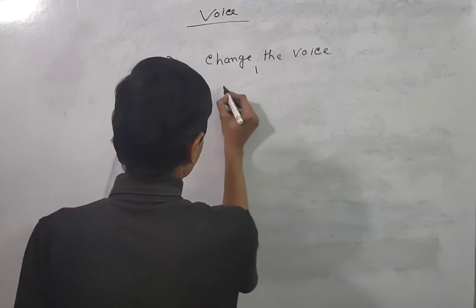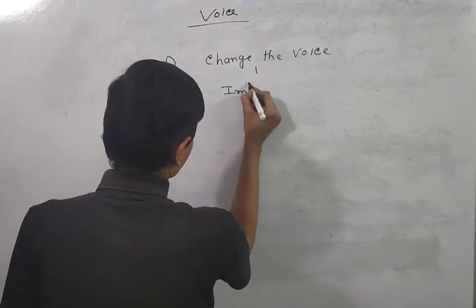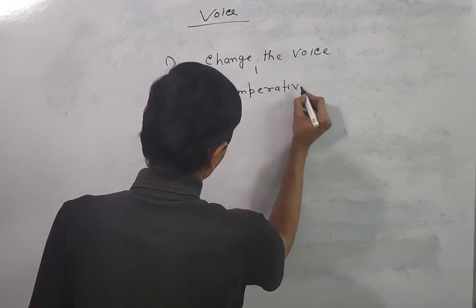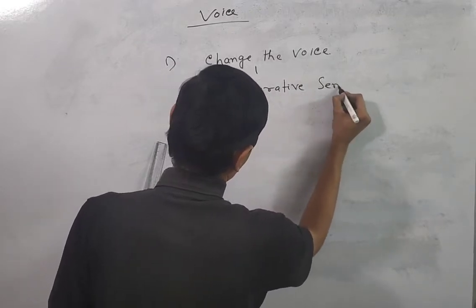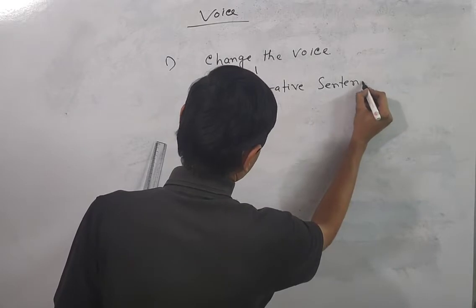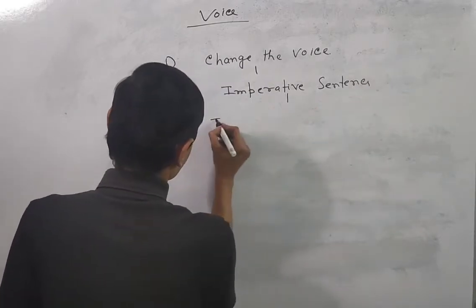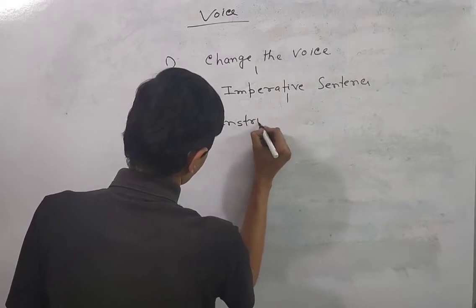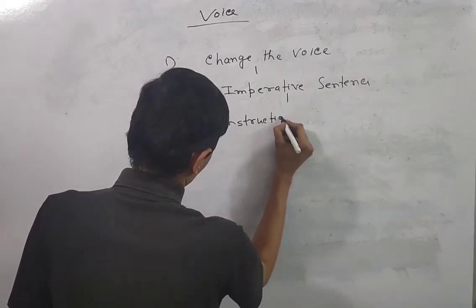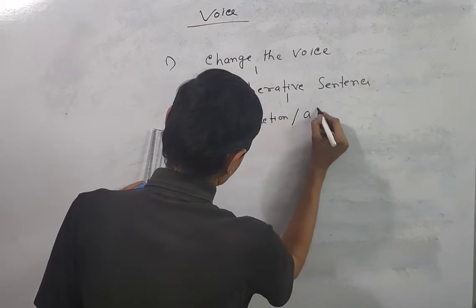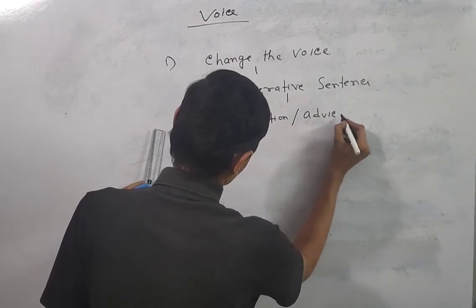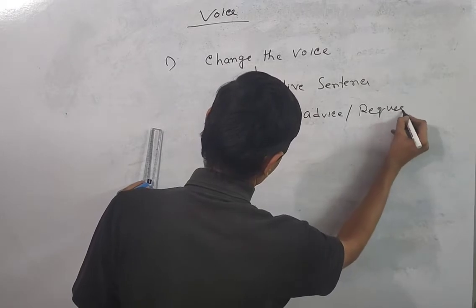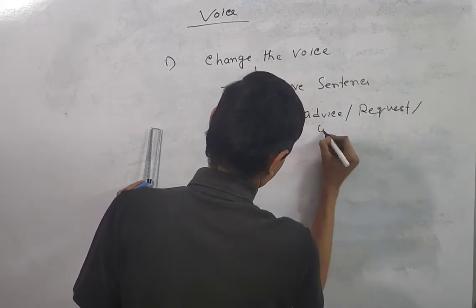So it is called the imperative sentence in English when some kind of instruction or advice or request, etc., or warning, etc., are given.